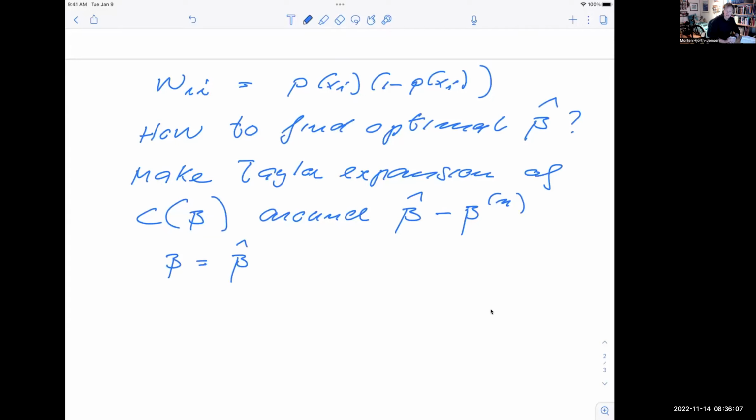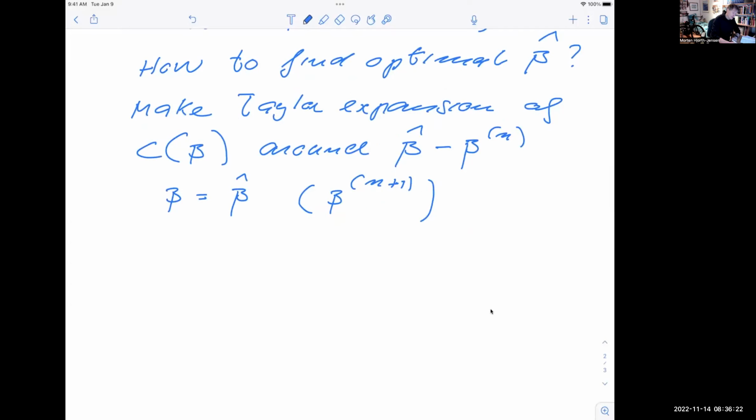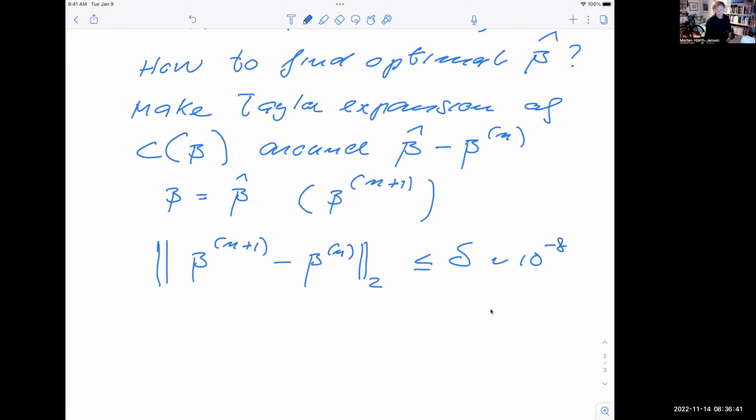In principle, this is going to be the value of beta after n plus 1 iterations. So this is going to be the converged result. And typically what we're going to assume is that if we take the vector beta n plus 1 minus beta of n, and we calculate the norm 2 here, we want this to be smaller than a specific parameter delta. And this can be something like 10 to the minus 8, or even a smaller number.